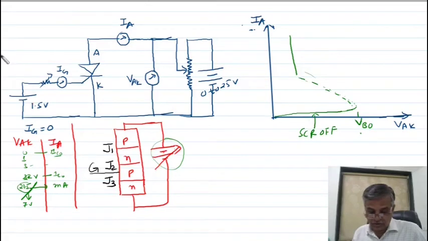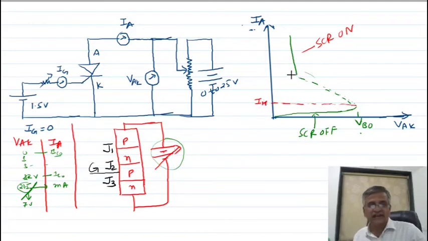So this is called the on condition. You can say the SCR is in an on state. After this value, the SCR starts conducting, and the current required through the SCR is called the holding current.